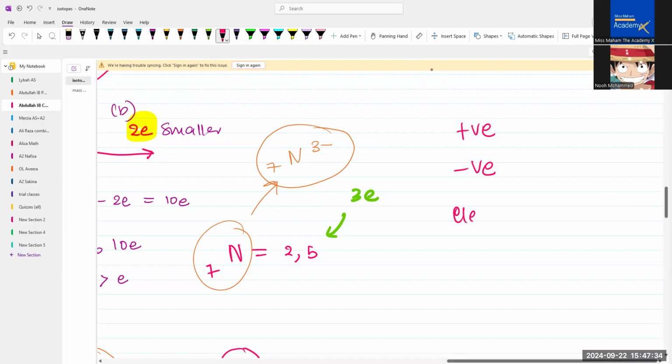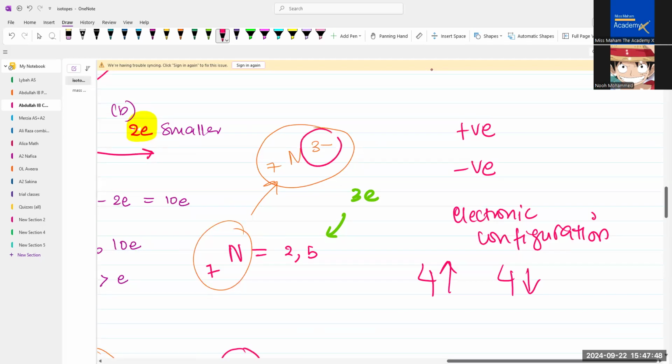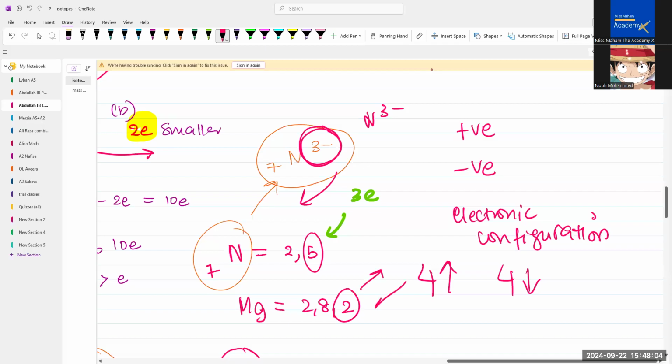You look at the electronic configuration, and then you figure out if it's more than 4 electrons or less than 4 electrons. This is how you see. So taking 3 electrons is easier than giving up 5 electrons, right? The smaller number, taking it is easier. So we say N3 minus. For magnesium, it's 2, 8, 2. So giving up 2 electrons is easier than taking in 6 electrons, right?